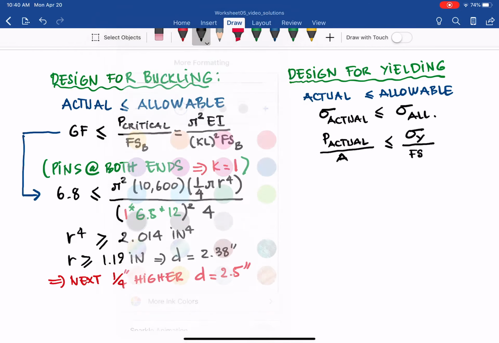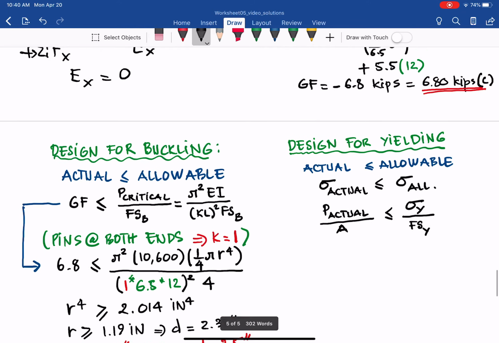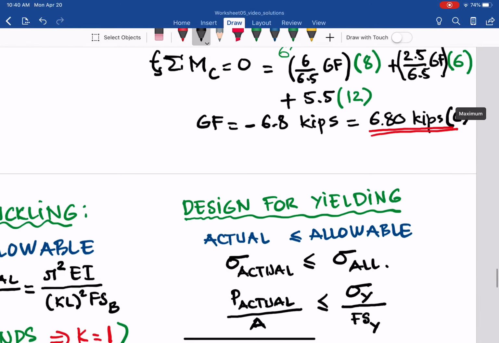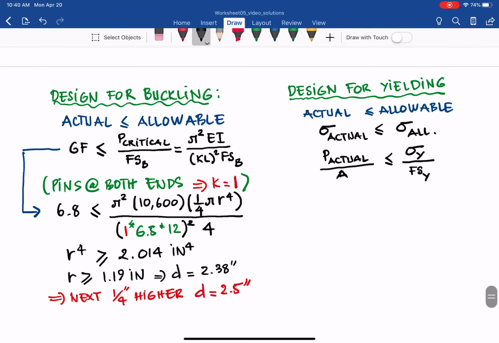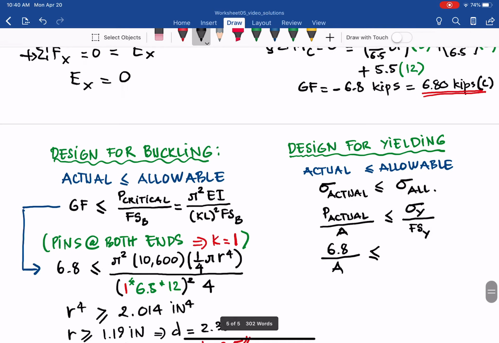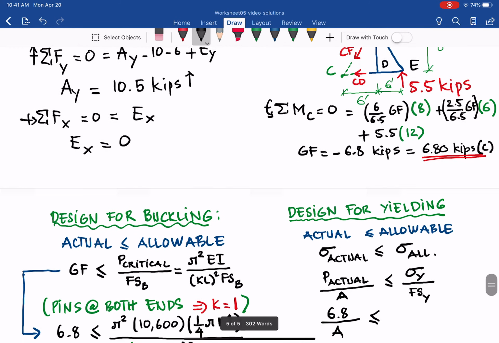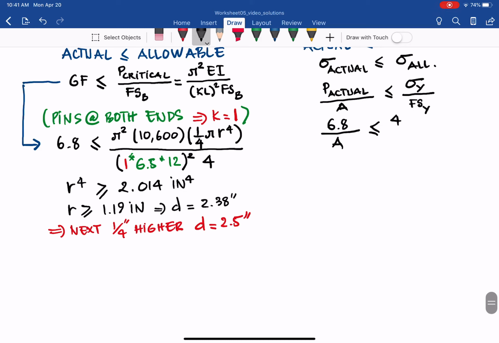Plug in P actual, basically the actual normal force in member GF, 6.8 kips, over the area of the circular cross section. Sigma y for aluminum is 41 ksi, so you plug in 41 ksi divided by the factor of safety due to yielding.